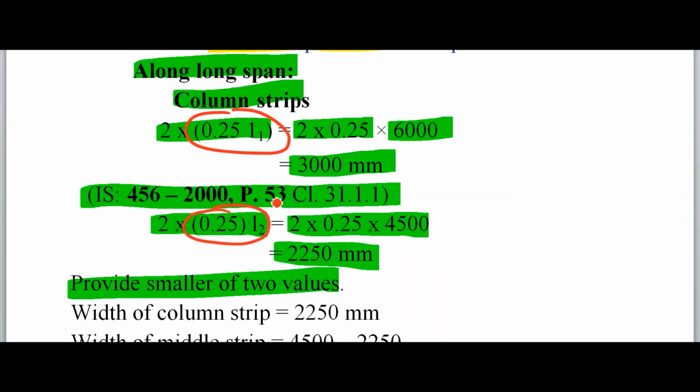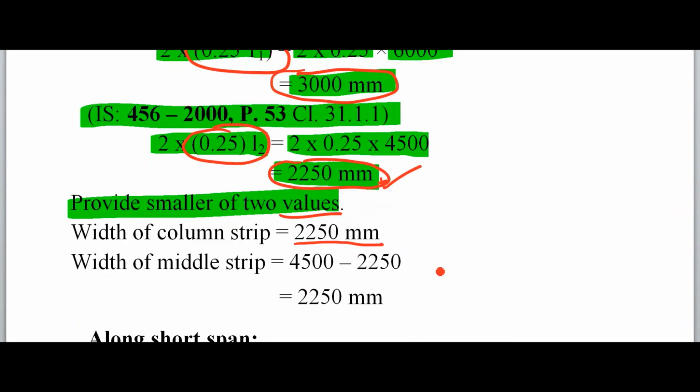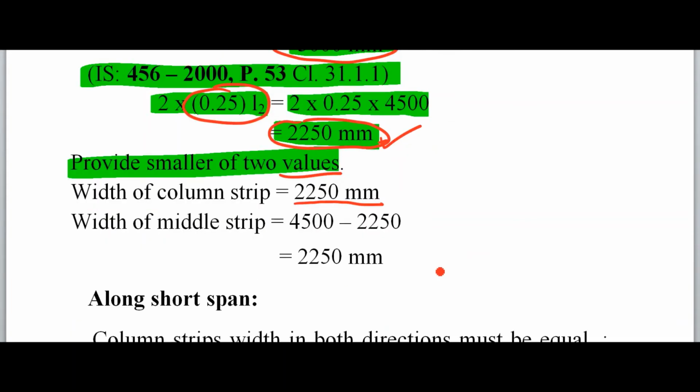In between, whichever is smaller, we take as the smaller of two values. So width of column strip is 2250 because the smaller is 2250, right? That's why 2250 is the column strip. So middle strip is equal to 4500 minus 2250, so 2250 mm.